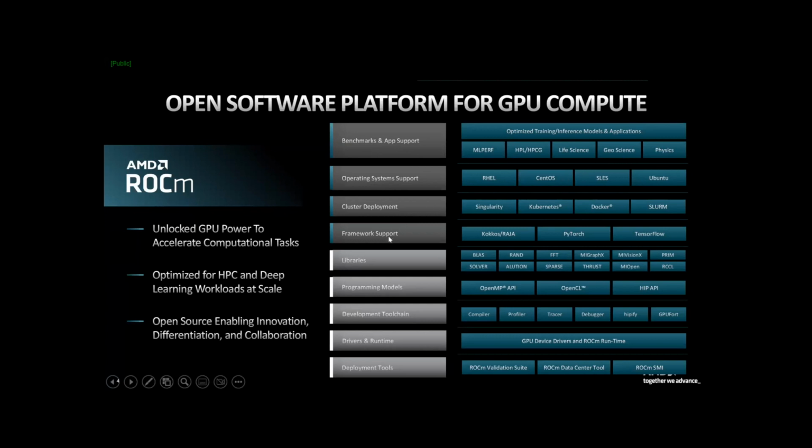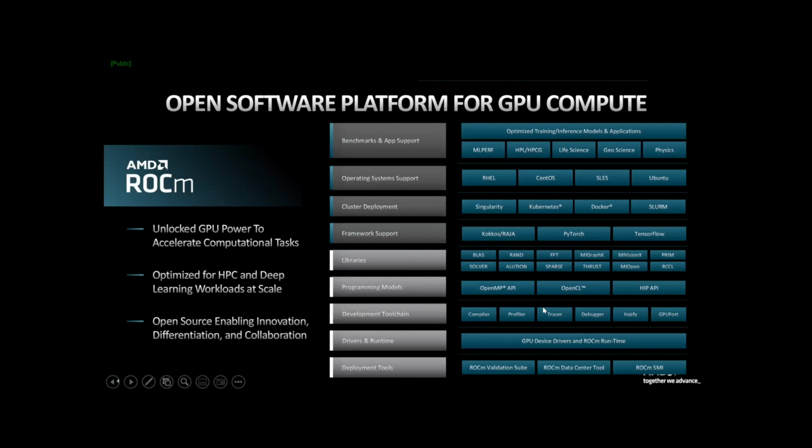For framework support, we have support for machine learning and AI applications, with TensorFlow, PyTorch. We also have Kokkos and RAJA. For libraries, we have support for math libraries included in the ROCm platform. When we are talking about math libraries, it is about BLAS, solvers, FFT, sparse, and so on and so forth. The programming models supported through the ROCm platform are OpenMP, OpenACC, and HIPFort.